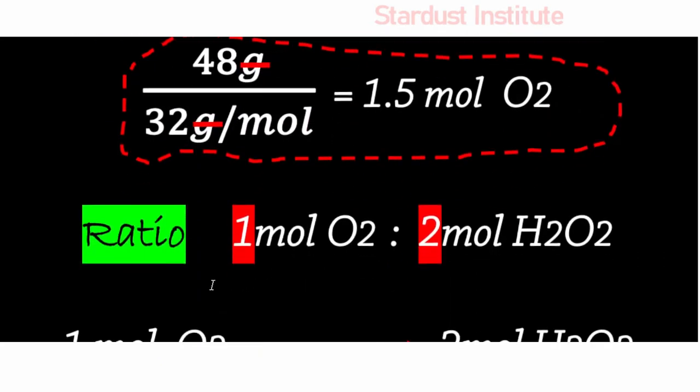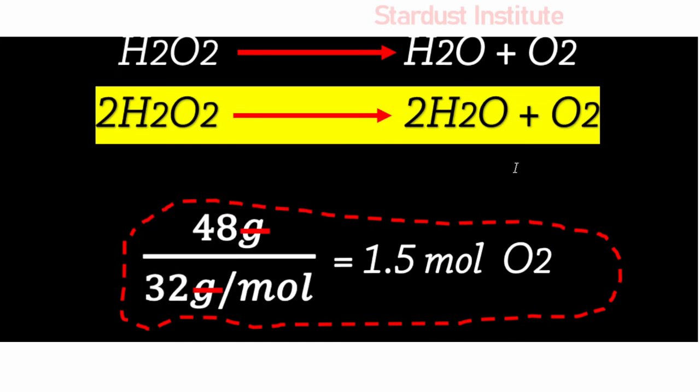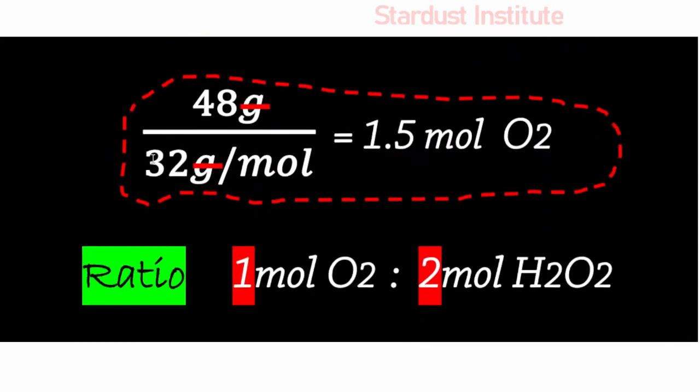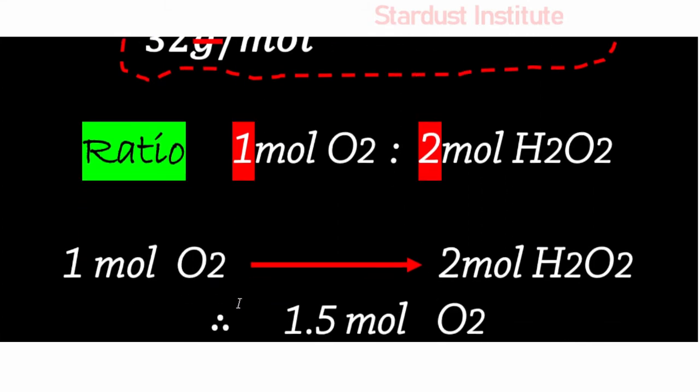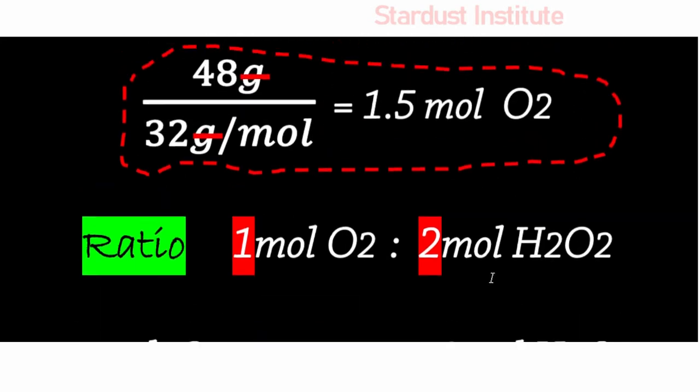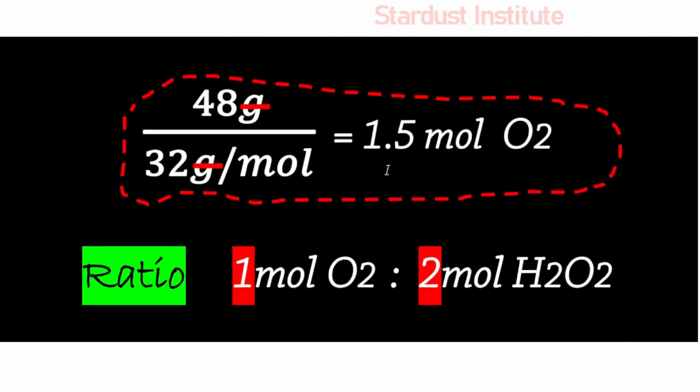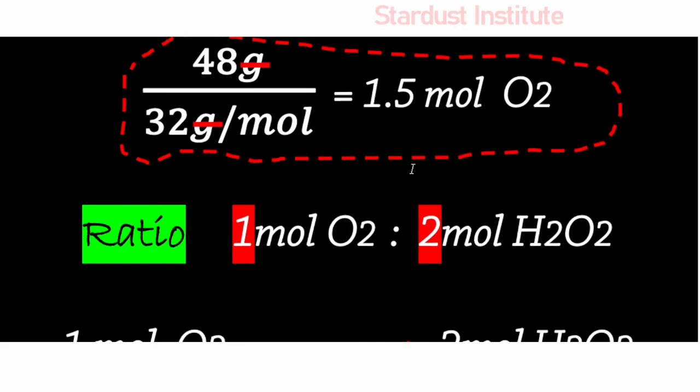This is the ratio. You can see to get 1 mole of oxygen, we should use 2 moles of hydrogen peroxide. Now we need to get 1.5 moles of oxygen.